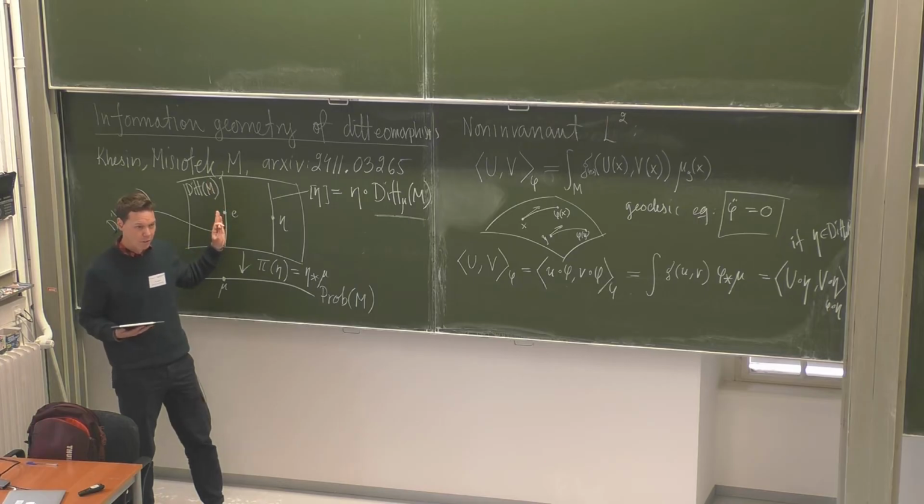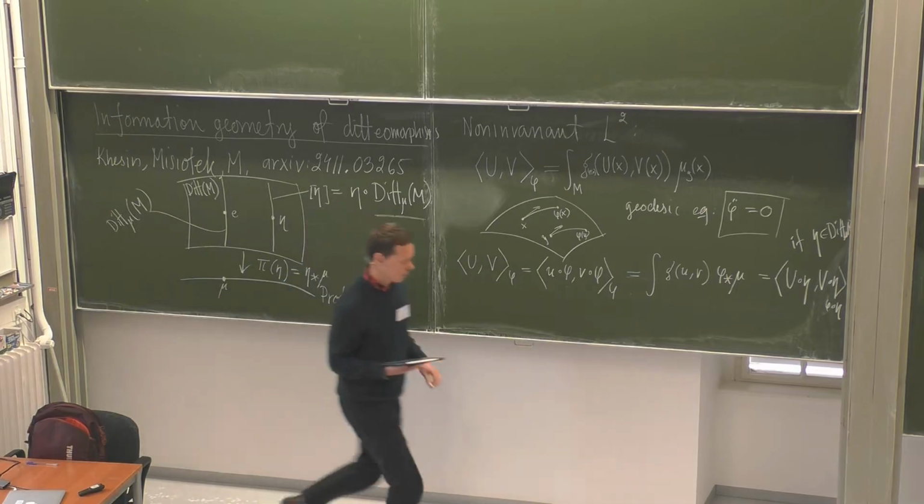Once I have the vertical directions, I can work out the horizontal directions, because I now have a metric structure. Once I get the horizontal directions, I can work out what the metric is going to be, because I know by construction this is going to be a Riemannian submersion if it is. So that's how this goes.